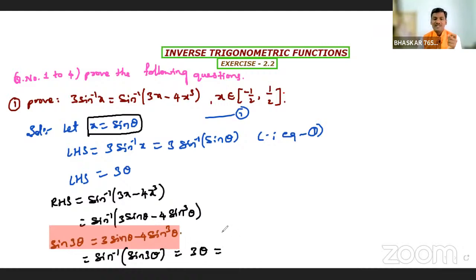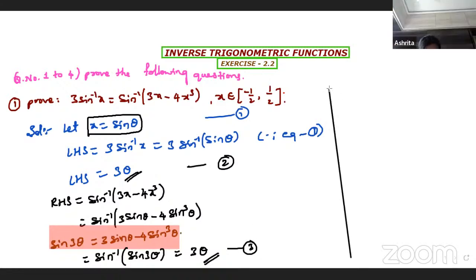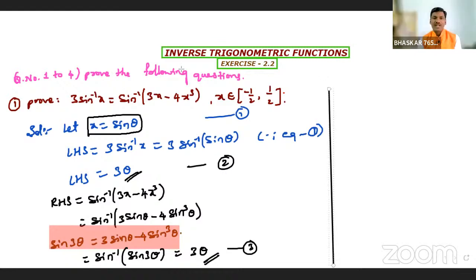Observe the LHS and RHS. You can take these as equations 2 and 3. From equations 2 and 3, LHS and RHS are both equal. Therefore LHS is equal to RHS.